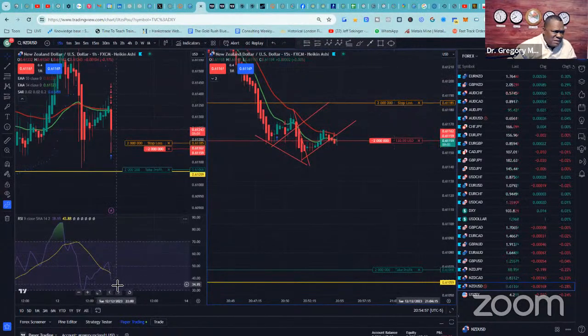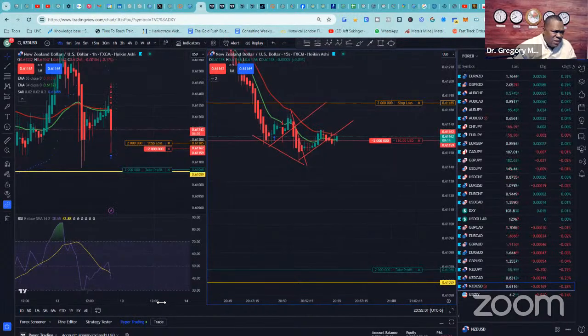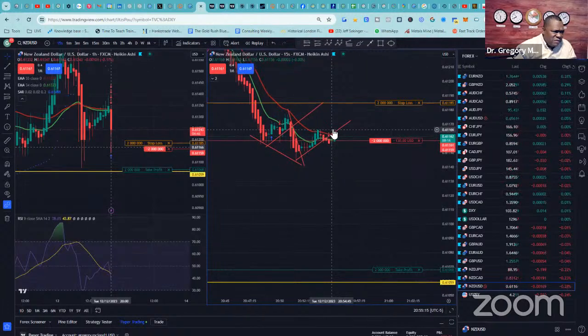Still looking at the RSI. Yeah, could be a trap. 61.11, retesting. See if we get it closed, and I'm going to flip it.